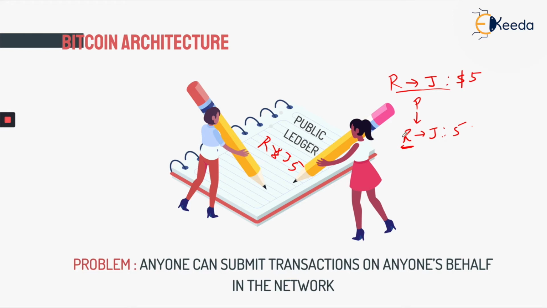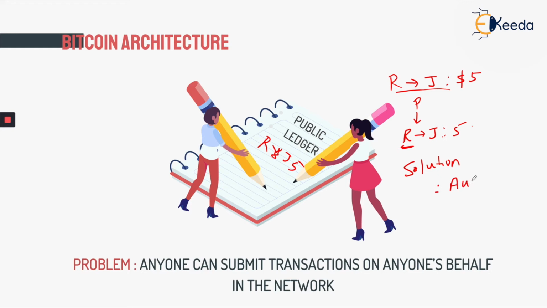That is the first problem that we are facing when it comes to a distributed public ledger, where anyone can enter data and anyone can read the data. How can we solve this problem? We saw the solution already. The solution should be authentication.